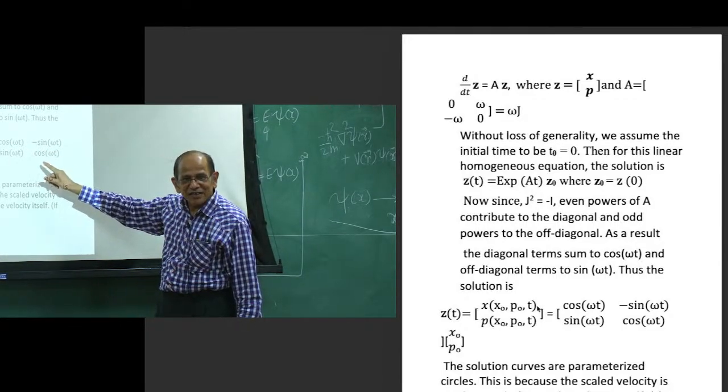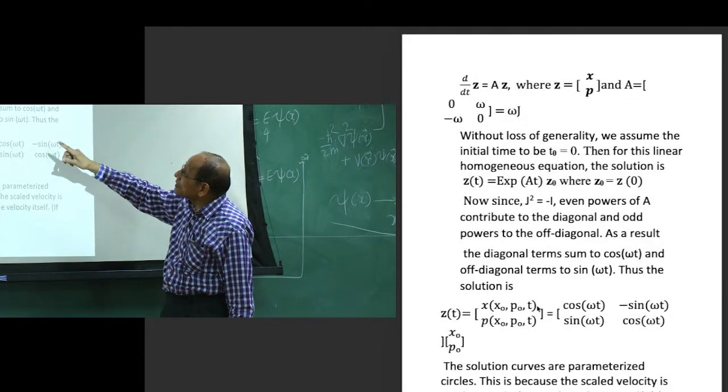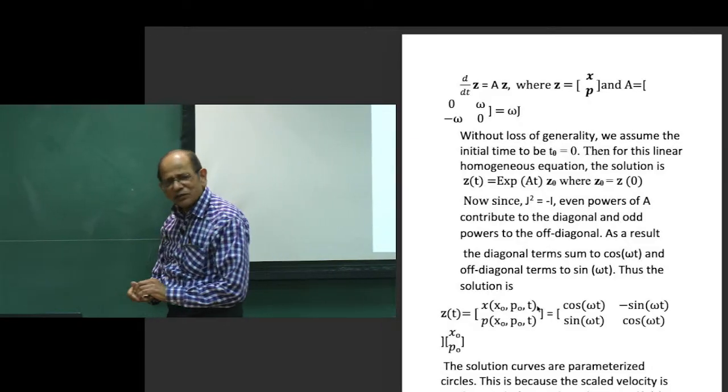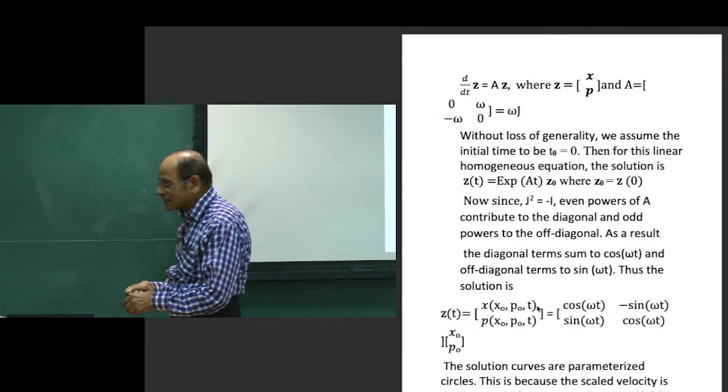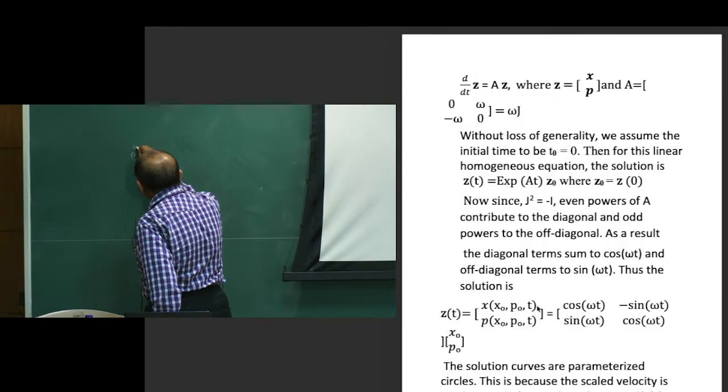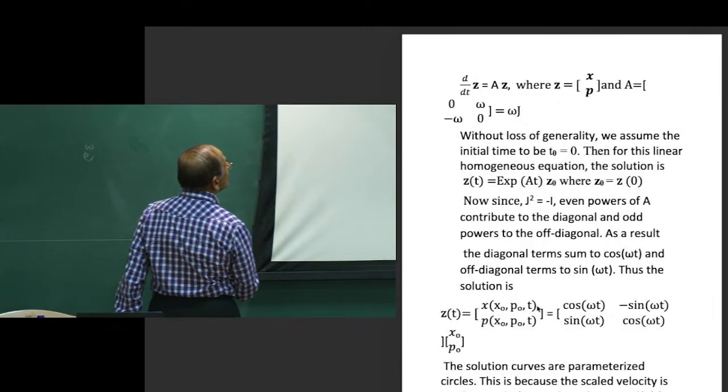Let us write down the first two or three terms, it will become obvious. Exponential of omega J into t.